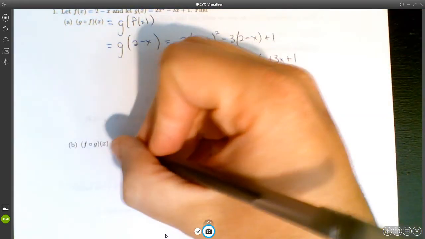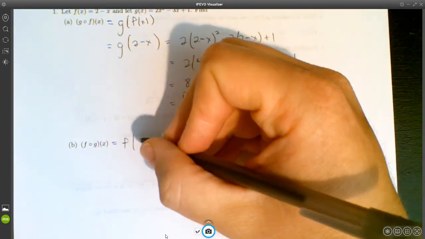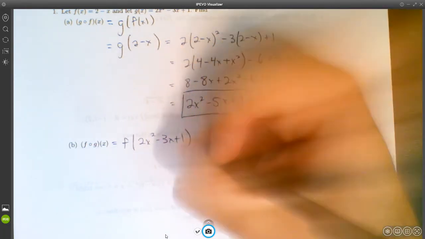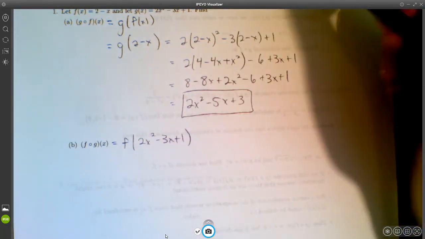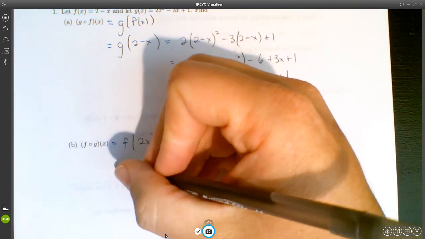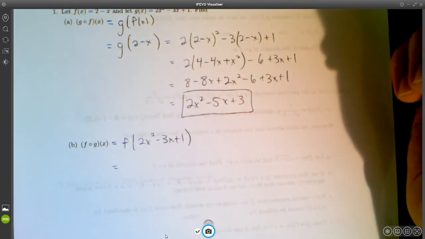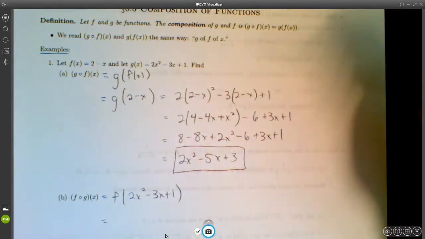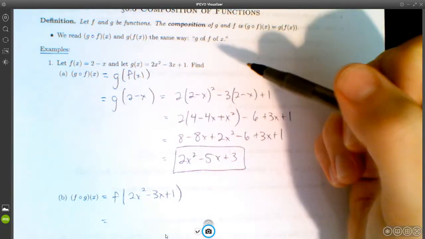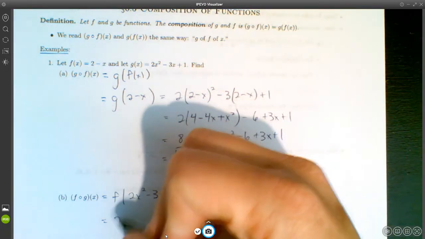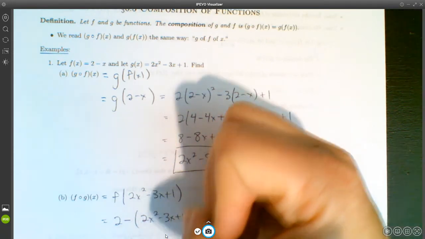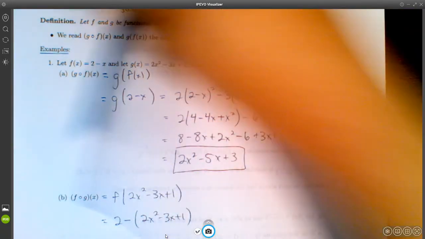Let's find f of g of x. G of x is 2x squared minus 3x plus 1. So I'm going to look at f of x, and everywhere I see an x, I'm going to replace it with 2x squared minus 3x plus 1. So it's going to be 2 minus (2x squared minus 3x plus 1).